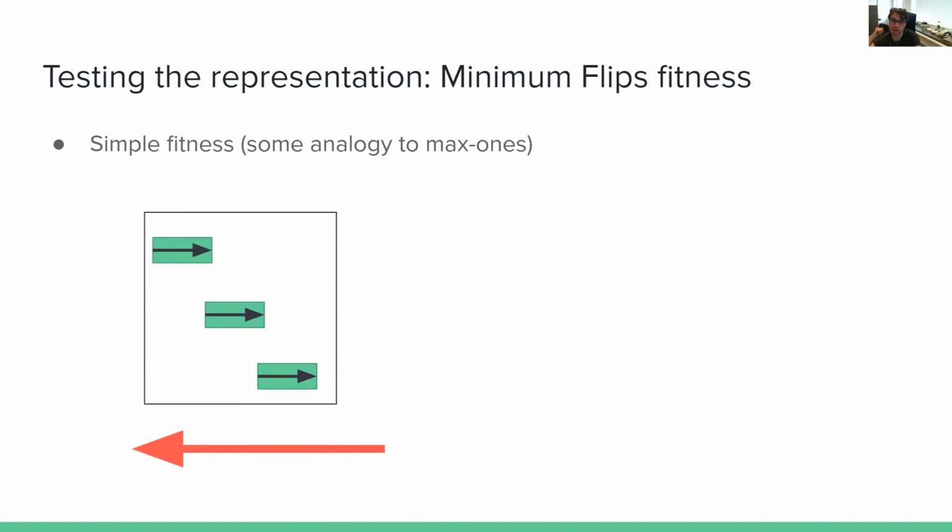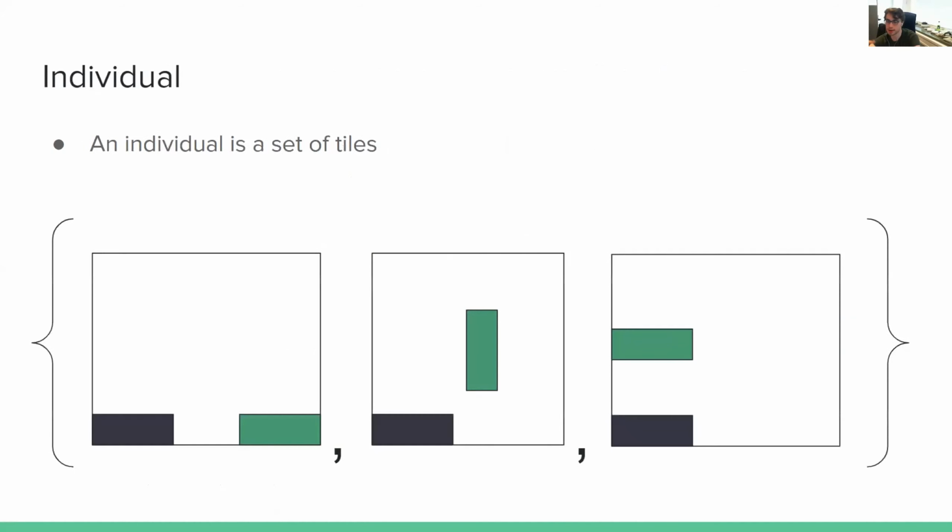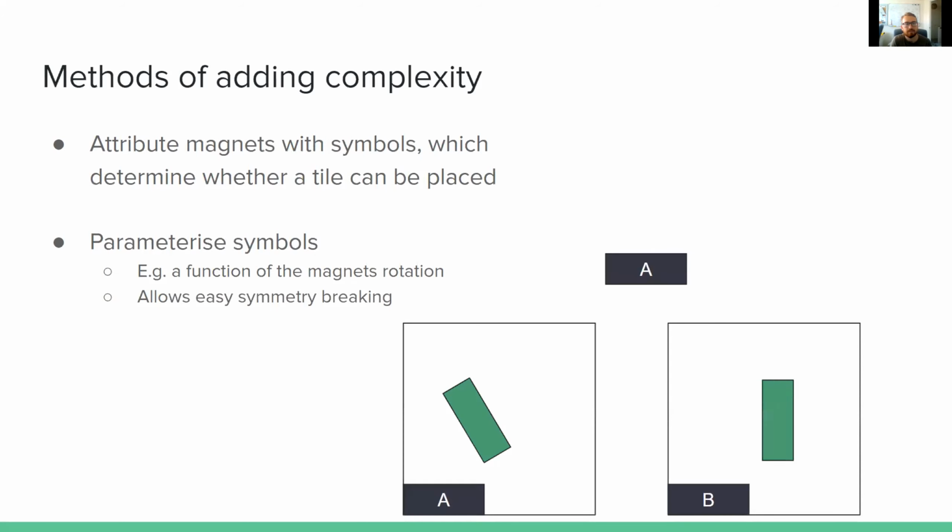So through this, you kind of get that. Like I said, individuals are generally sets of multiple tiles. And through this symbolic process, you can do things like that. For instance, these magnets also have symbols. So if you place this A tile and this magnet is a B, then the next tile you place is going to have to be a tile that starts with B. So you can use this symbolic way to get things like that into your system.